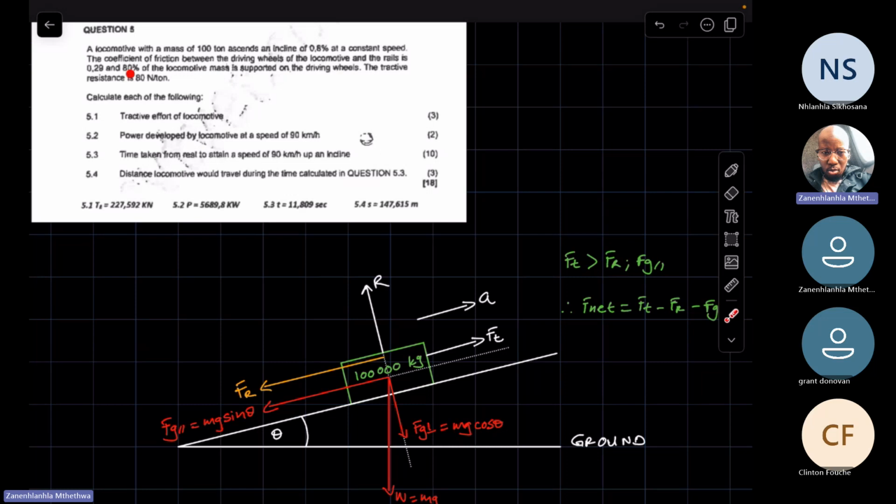This information, that 80% of the locomotive mass is being supported on the driving wheels, we use only in calculating the tractive effort.